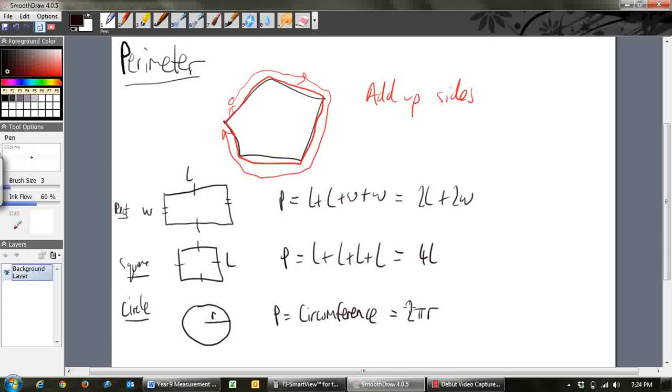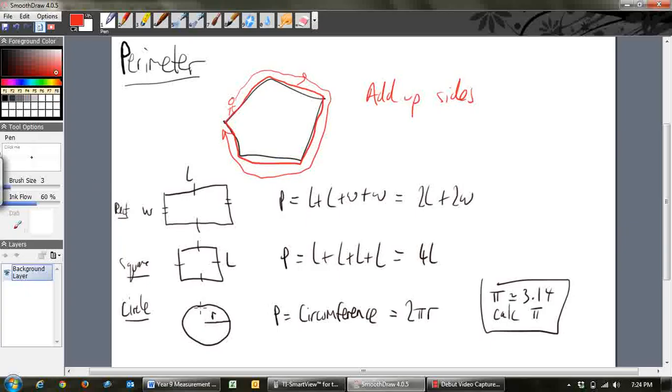That's equal to 2 pi r, 2 times pi times r. And again, pi is roughly equal to 3.14, but to get better accuracy, use the calculator button that has pi on it. Okay, so that's an important point there.